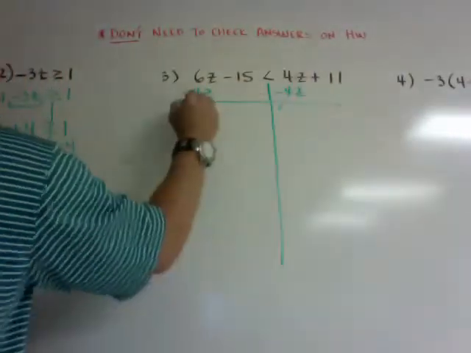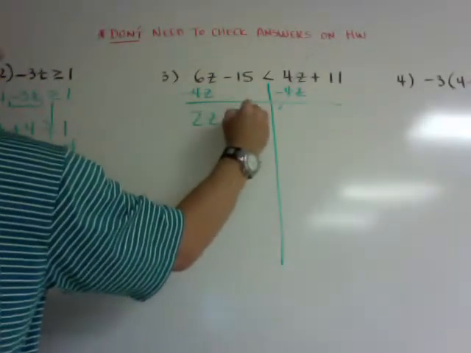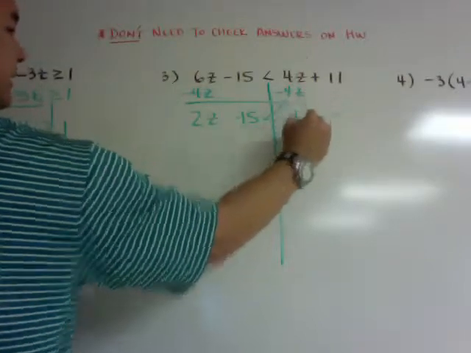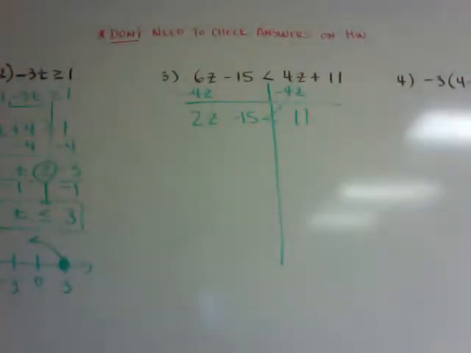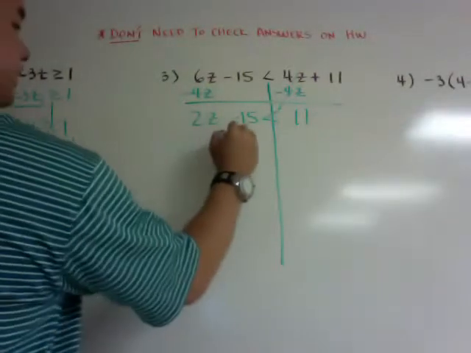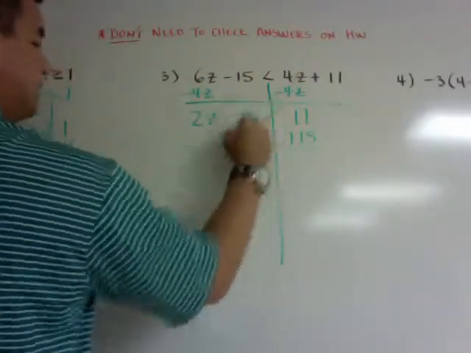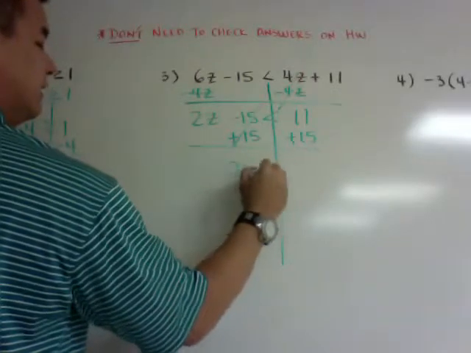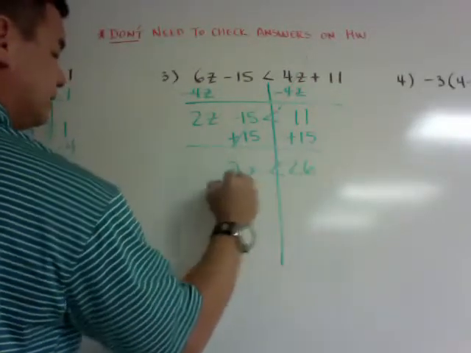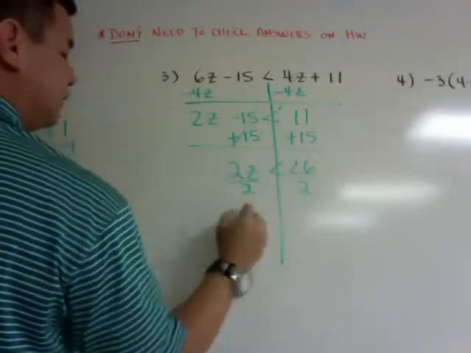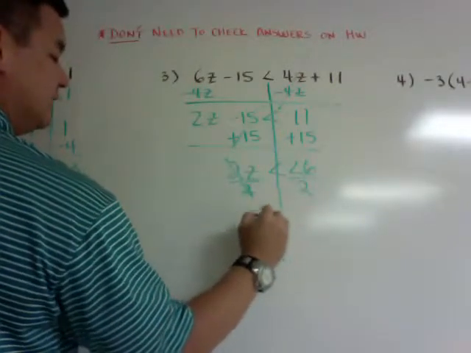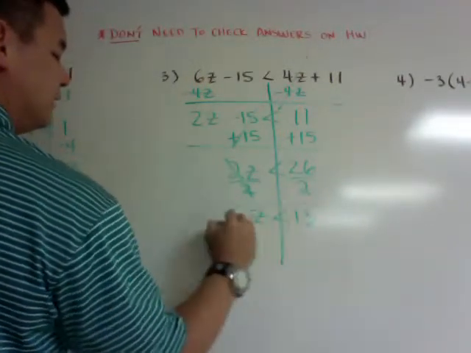So you can see this becomes 2z minus 15 is less than 11. When I add 15 to both sides, this is gone and I get 2z is less than 26. Divide both sides by 2, so that's gone, and I get z is less than 13.